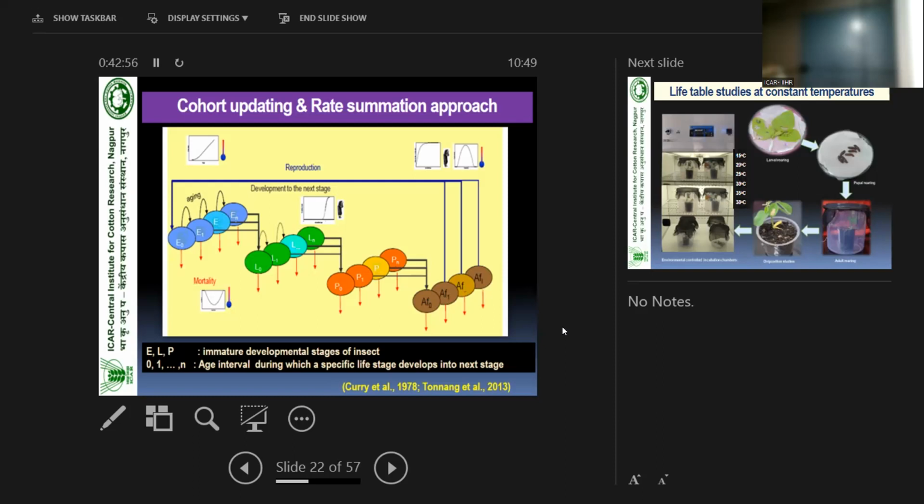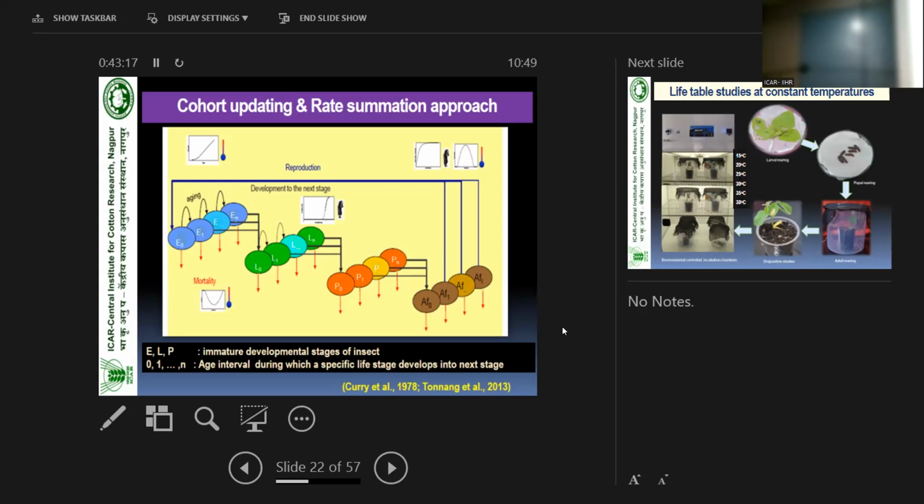Just understand with this picture what exactly I have explained theoretically: rate summation and cohort updating. Whatever we learned in the previous two slides, cohort updating means one cohort is updated to the larva, then the larval cohort is updated to pupa, pupa is updated to adult, and the adult again to reproduction.